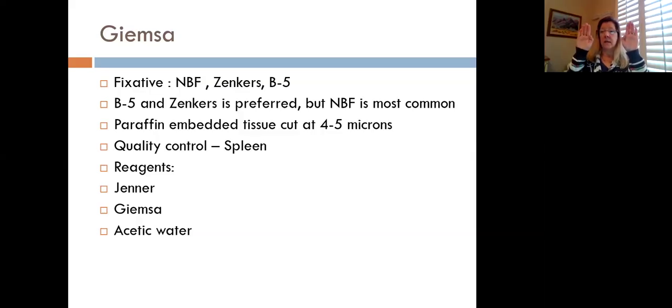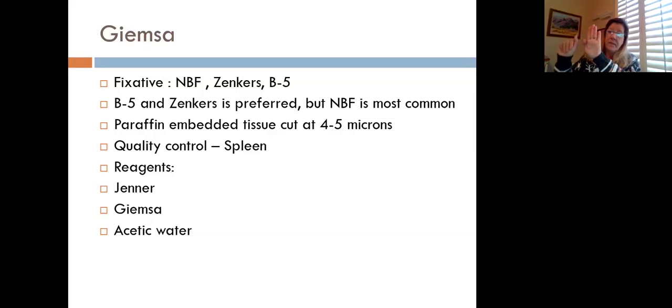So we take both of these slides and we run them together identically through the stain process. And in the end, this one will be positive because it's a known case that we know will demonstrate that disease.